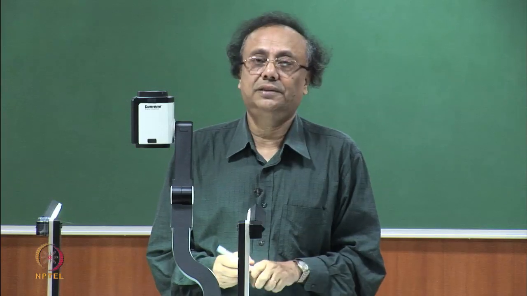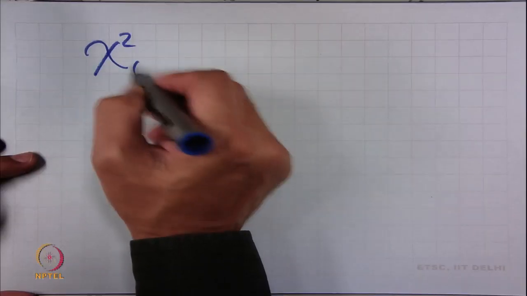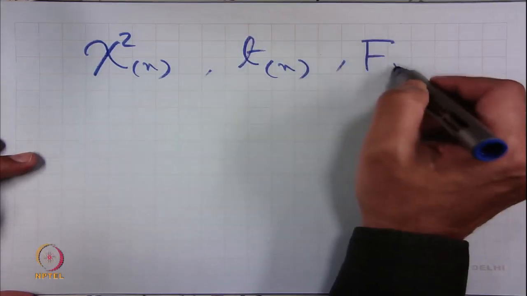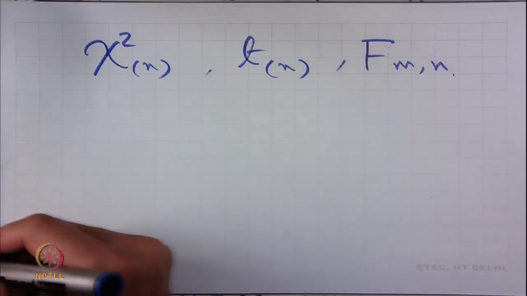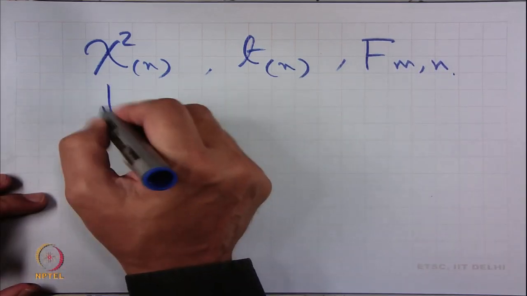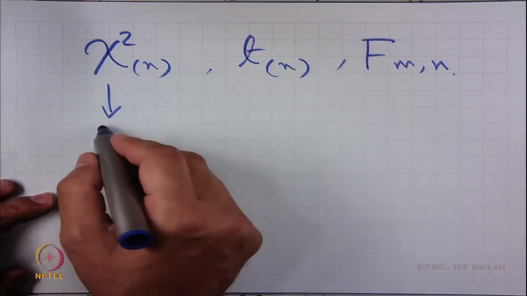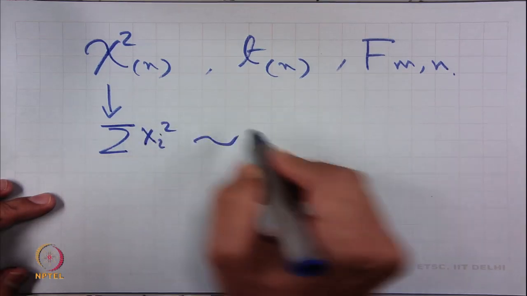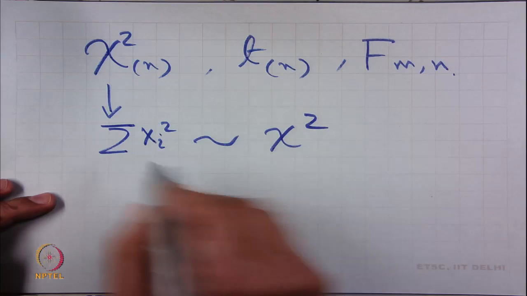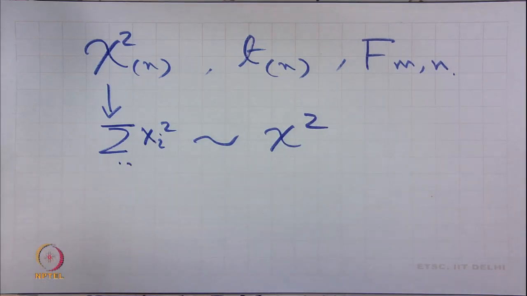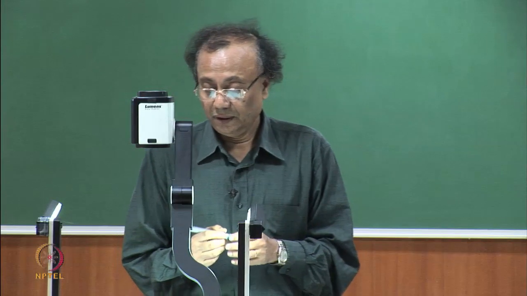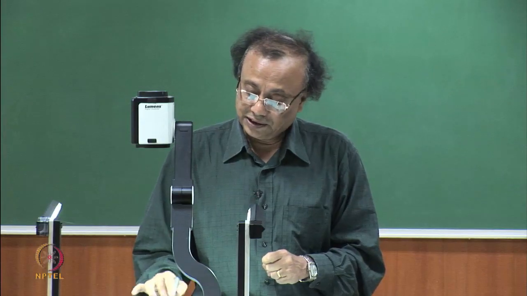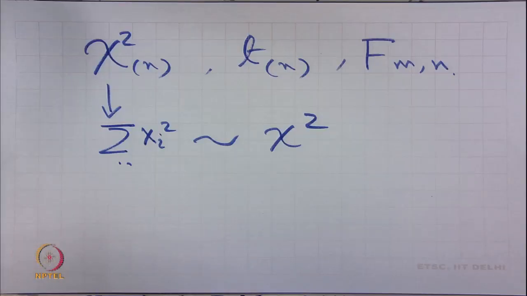Now, you may ask me, why do we need these variates, namely chi-square, T and F. Let us first look at chi-square. Sigma xi square gives rise to chi-square. Now, suppose x is normal with mean 0, then variance of x is actually expected value of x square.